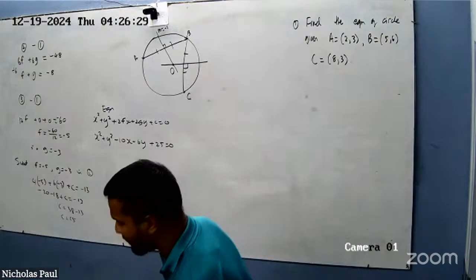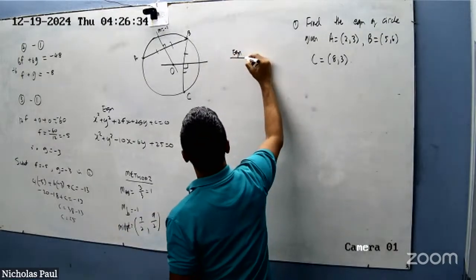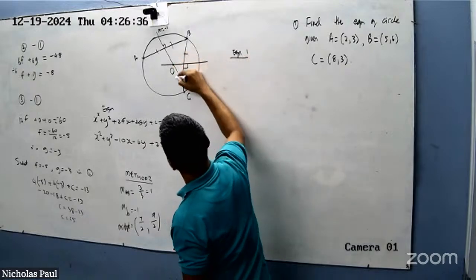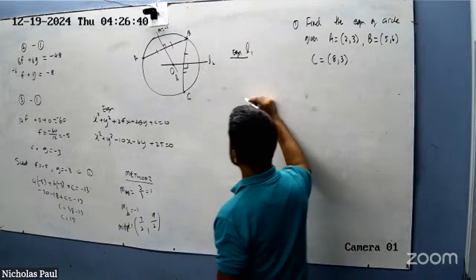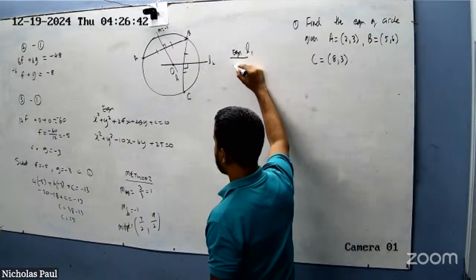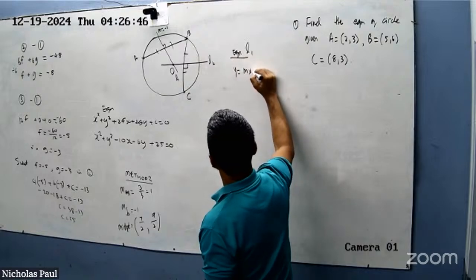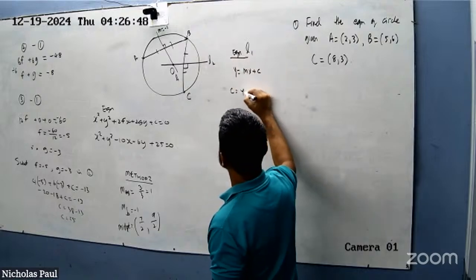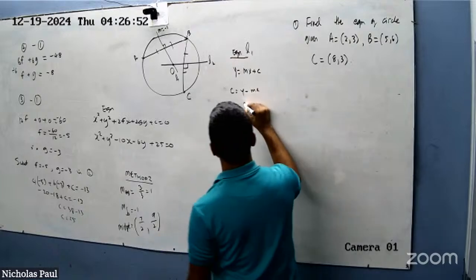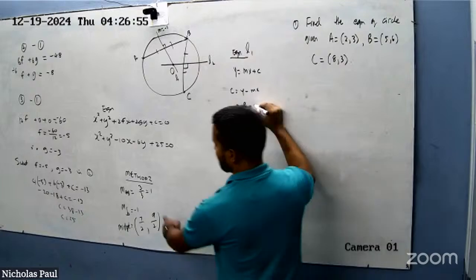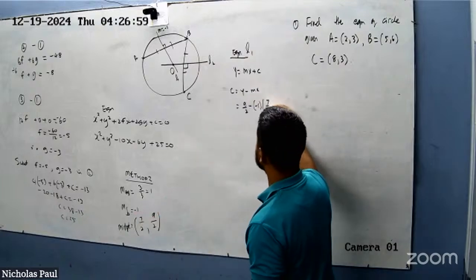Right, now we have to get the equation. I'll call this line 1, and I'll call this line 2. So the equation of line 1: y is equal to mx plus c, so c is y minus mx. y is 9 on 2, the gradient of the perpendicular line is minus 1, and x is 7 on 2.